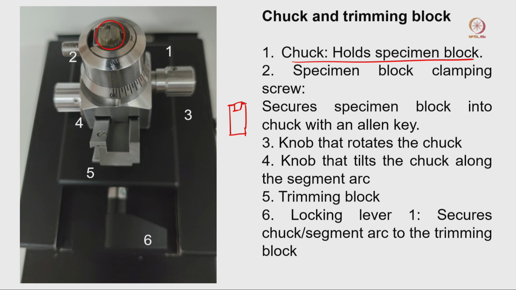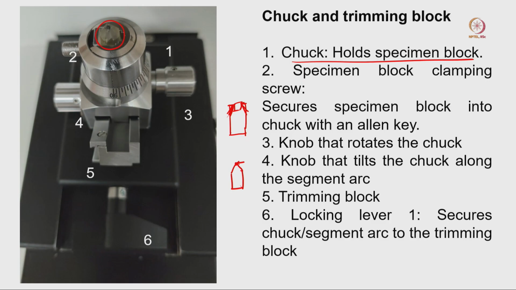It will be very difficult to cut this resin block as it is, so you have to trim it properly. You look at the resin or epoxy block and remove the extra portion, the hard plastic material, leaving the soft tissue. You have to shape the tissue like a pencil tip. Then this is the area where your tissue will be located, and you will focus on cutting that tissue only, not anything else.